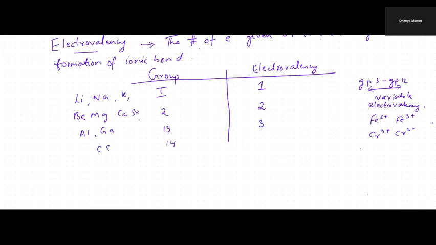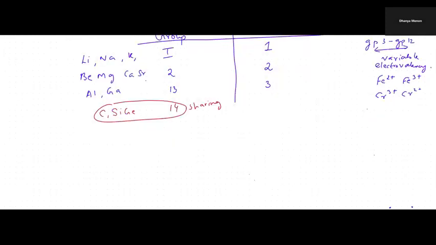Now group 14, like carbon, silicon, germanium, they are into sharing. They share the electrons. When we do covalent bonding, we will be talking about these elements. Okay, so they don't give or take, they share electrons.